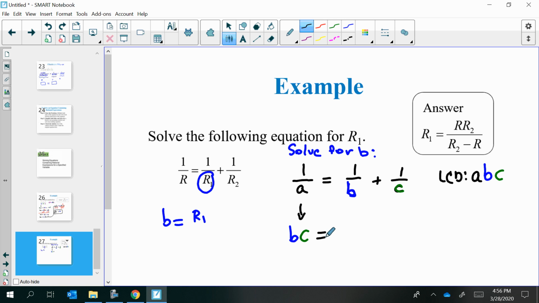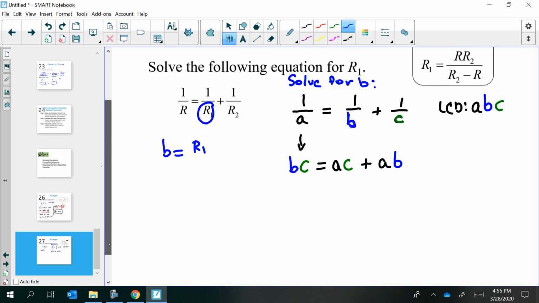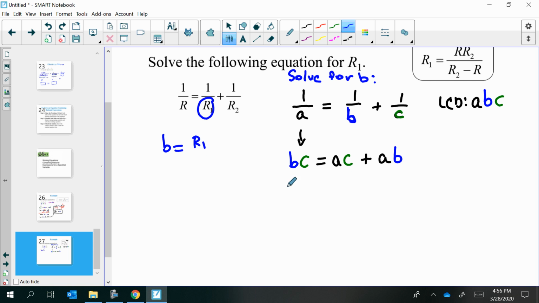Then when I multiply the LCD times 1 over B, the B's are going to cancel out, and I'll have just a C left over. Then for the last fraction, the C's are going to cancel out, so I'll have A, B. And now I can rewrite this so that only the B is highlighted in a different color.